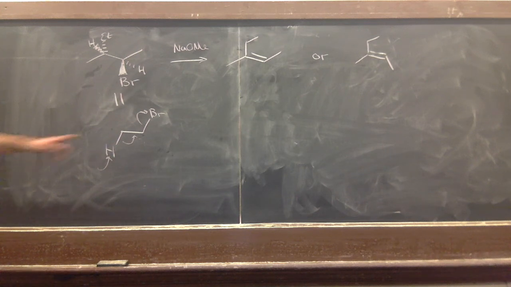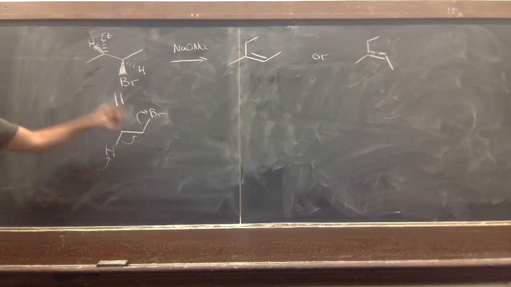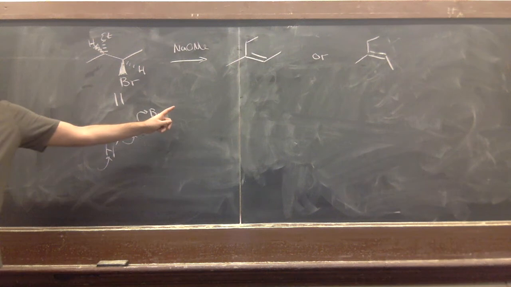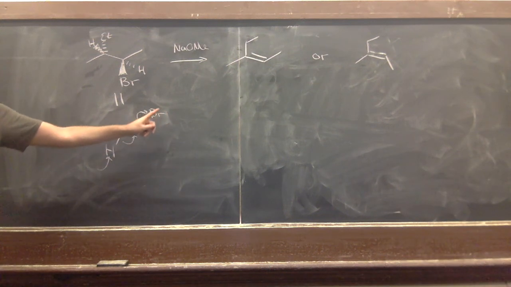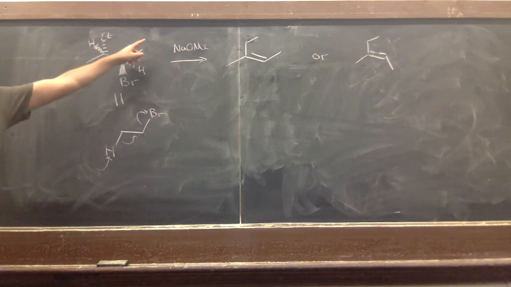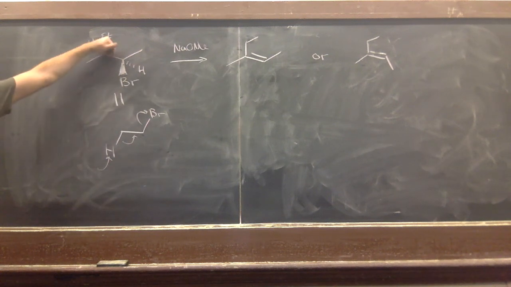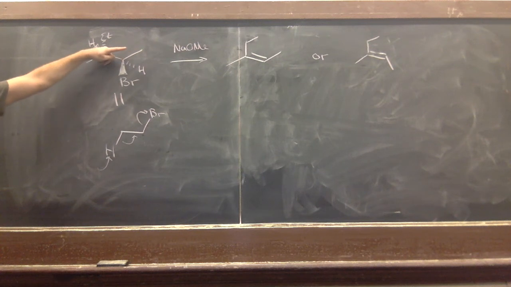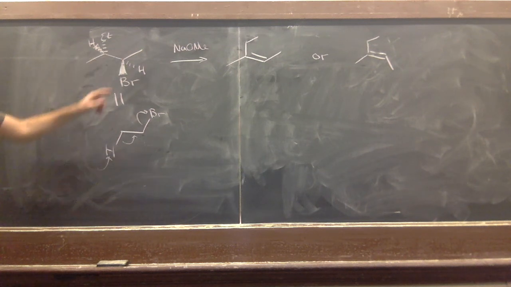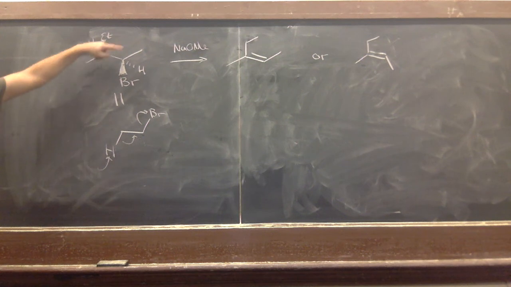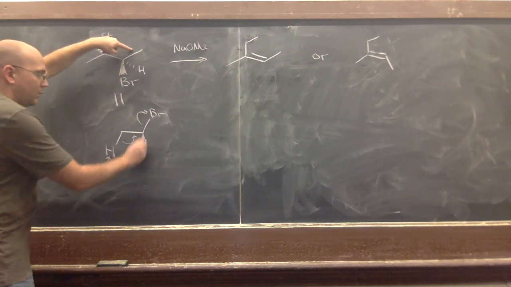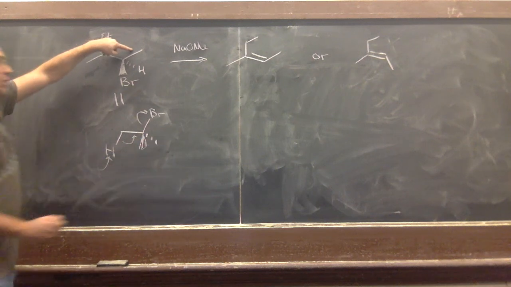Okay, so let's start with this carbon here. If I rotate that bromide around so that the bromide is pointing up in that direction, now we have to figure out what's coming towards us and what's going away from us.